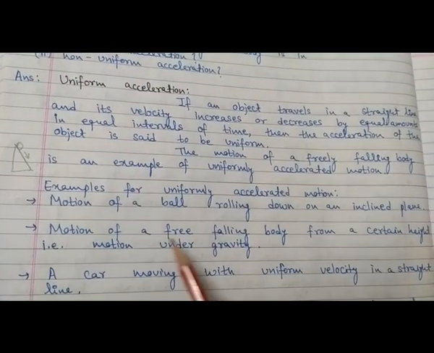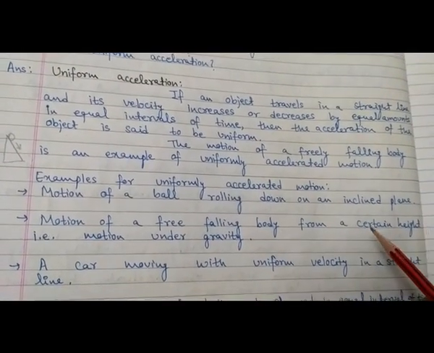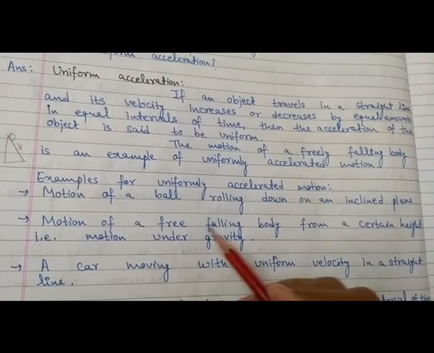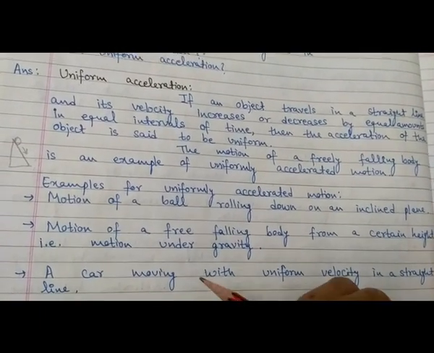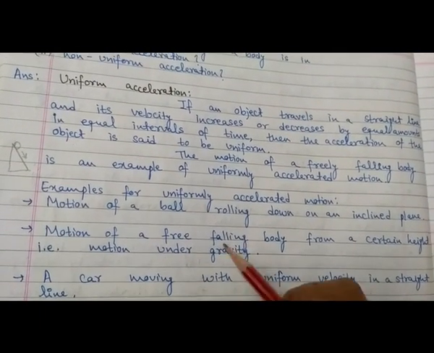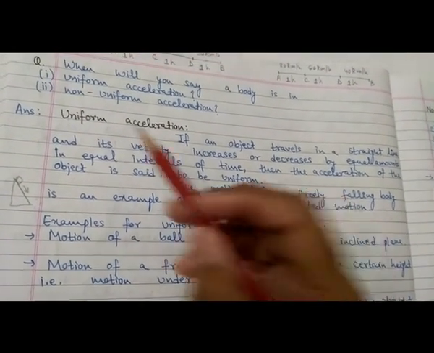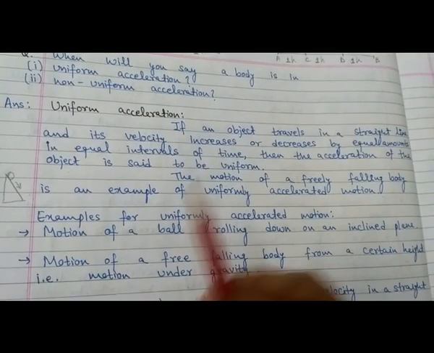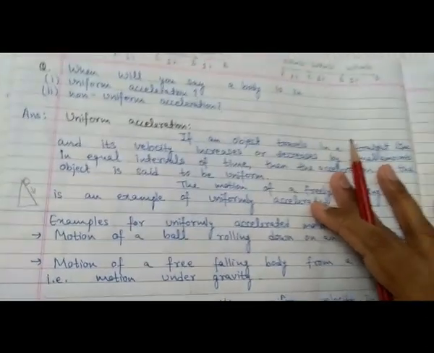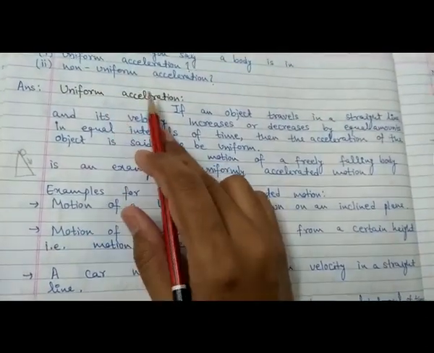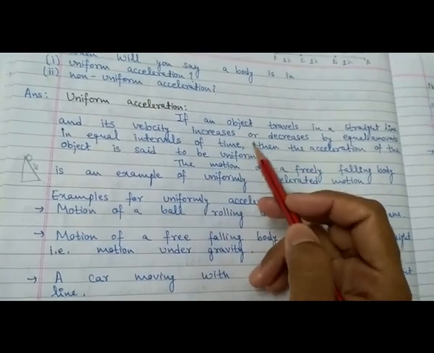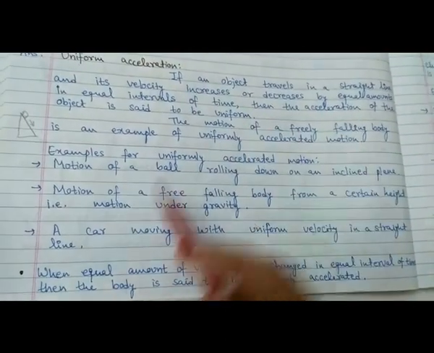Now, motion of a freely falling body from a certain height, that is motion under gravity. That means every motion under gravity will be considered as uniformly accelerated. Okay, now I have given two definitions of uniform acceleration. One is this one and another is at the end.